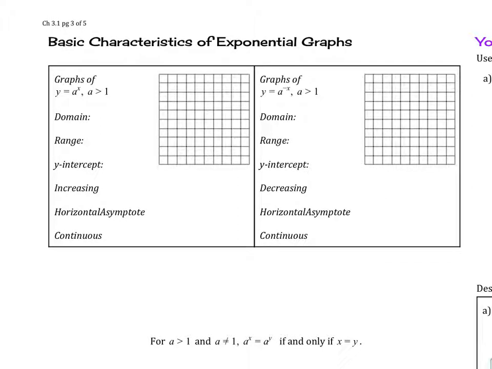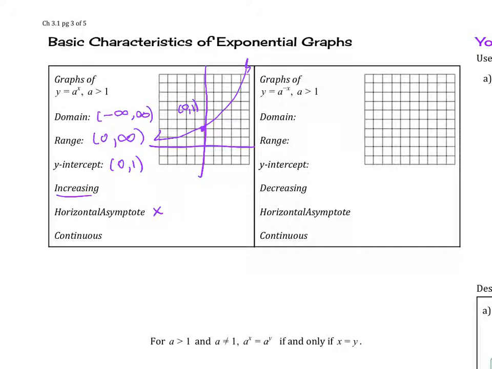Okay, so just real quick, some basic characteristics of an exponential. So when a is greater than 1, and then also when the exponent is positive, the domain is negative infinity to infinity. Okay, it always intersects at 0, 1. Our range is from 0 to infinity. Our y-intercept is 0, 1. It is always increasing.